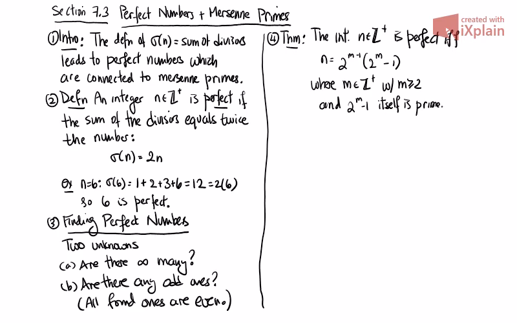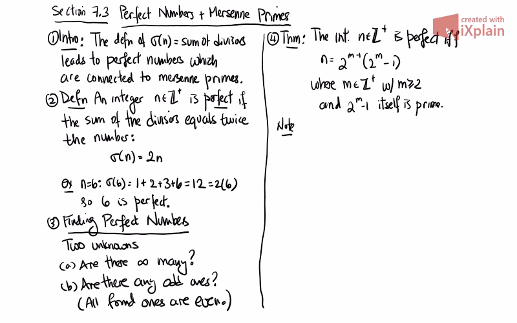So what this means, just before we look at an example and give a proof, or half a proof, is that when you're looking for perfect numbers, what you really have to look for is things of the form 2 to the m minus 1 which are prime.